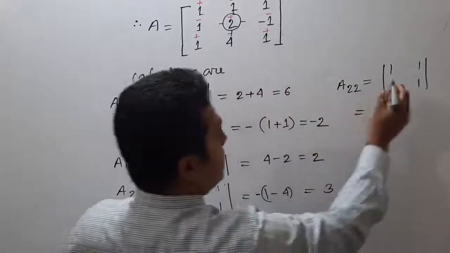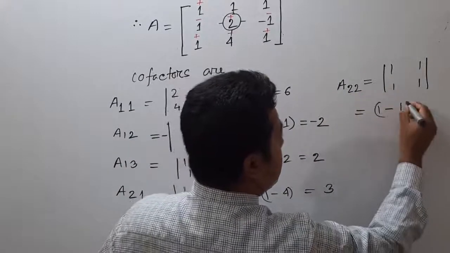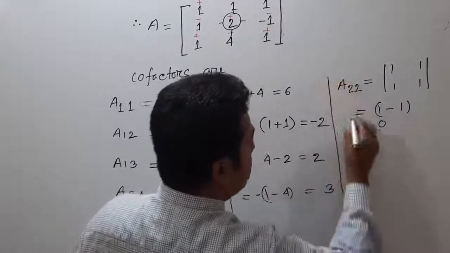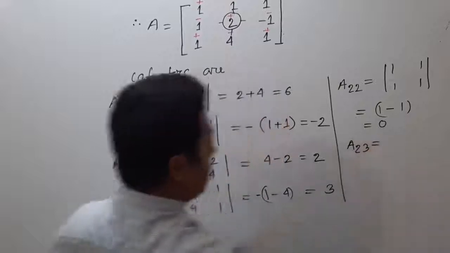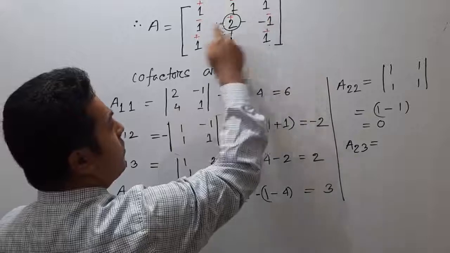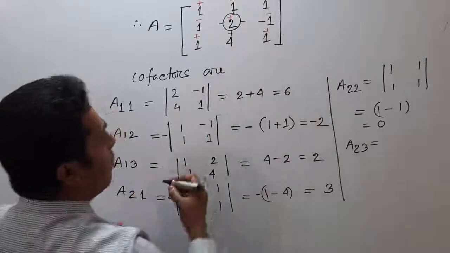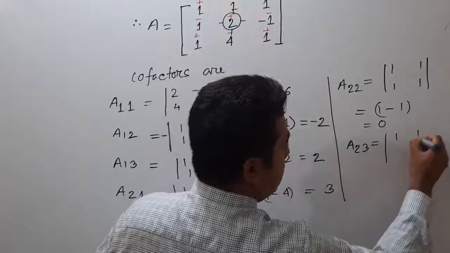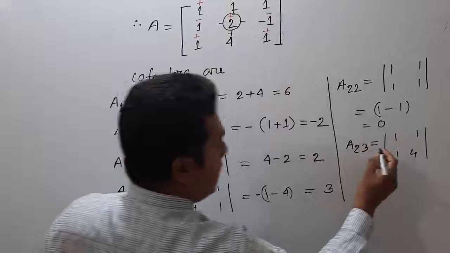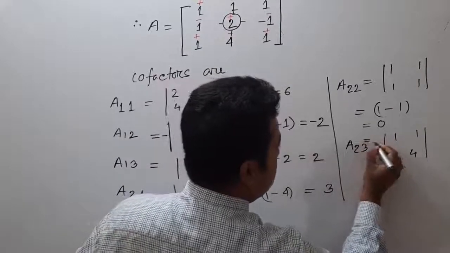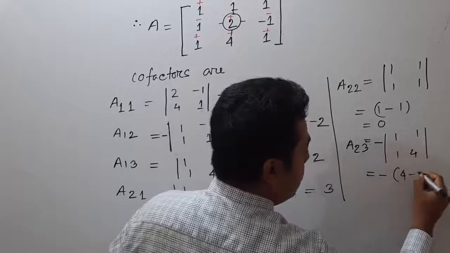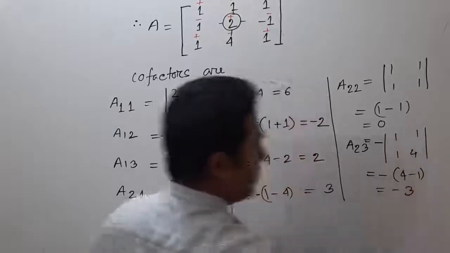This sign is positive, 1 minus 1 is equal to 0. Now A23, for this element, ignore row and column, then 1 1 1 4. So this sign is minus. So our answer is 4 minus 1 is equal to minus 3.